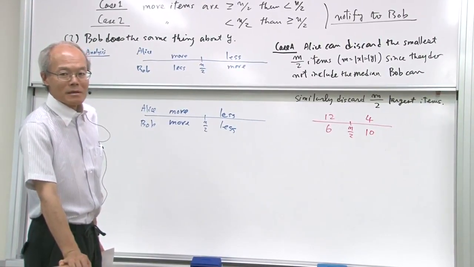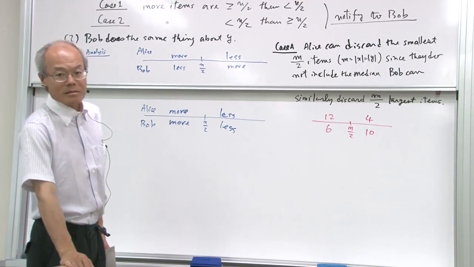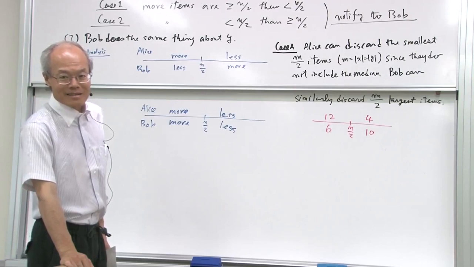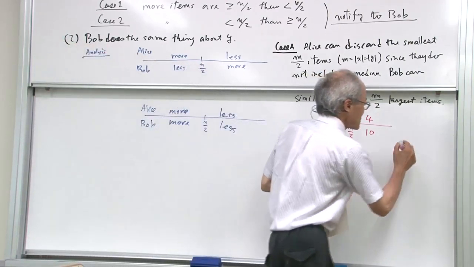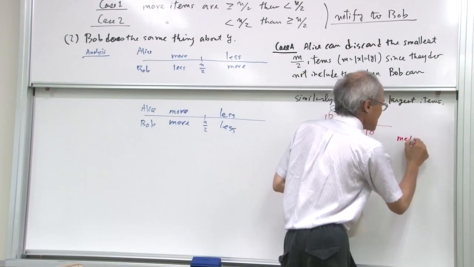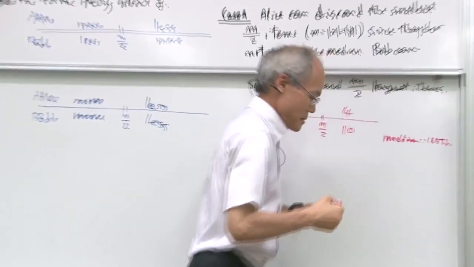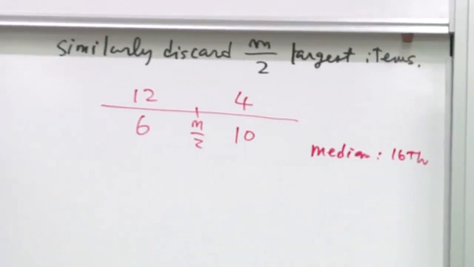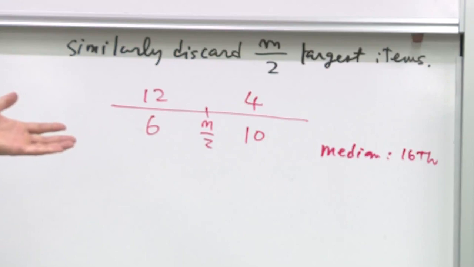What's the median? Median is the 16th largest, right? Because they have 32 numbers in total.